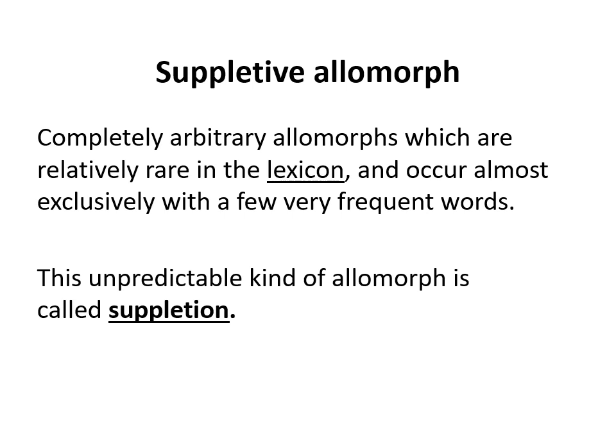They are relatively rare in the English lexicon, not many in number, and occur almost exclusively with a few very frequent words. This unpredictable kind of allomorph is called suppletion.